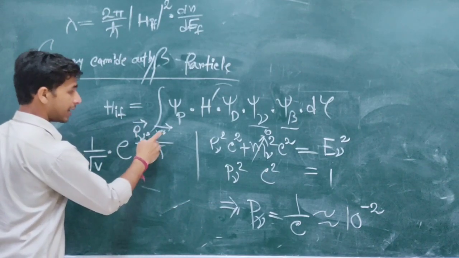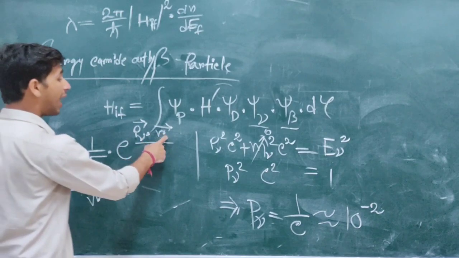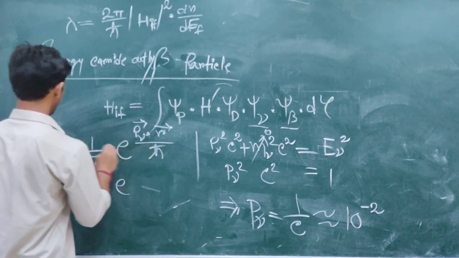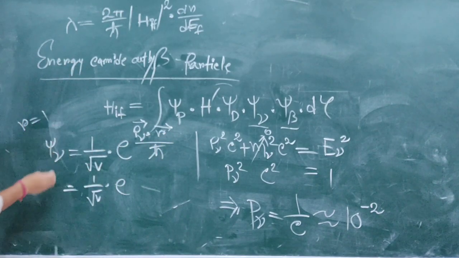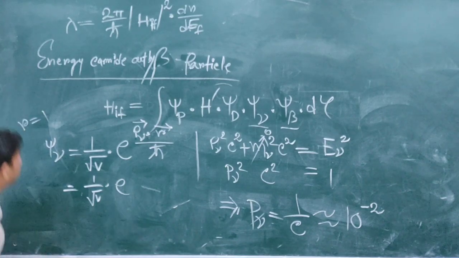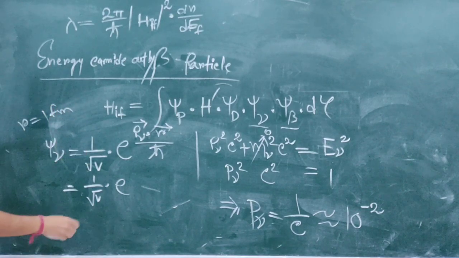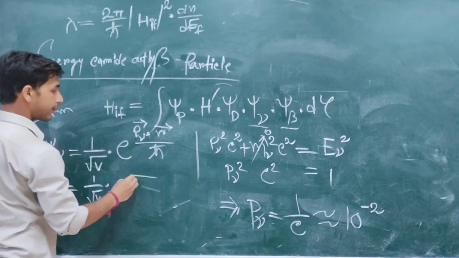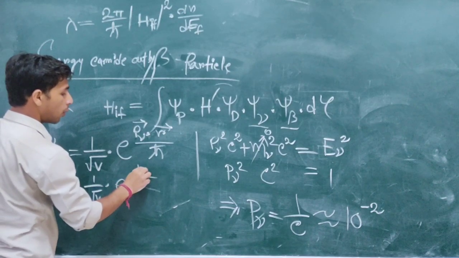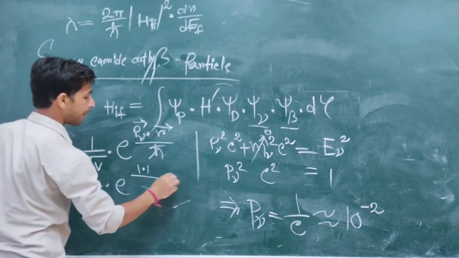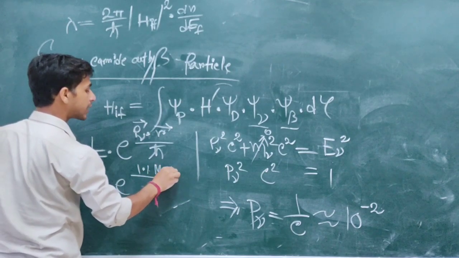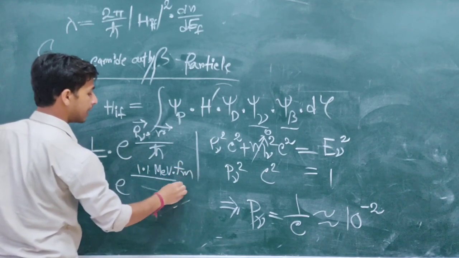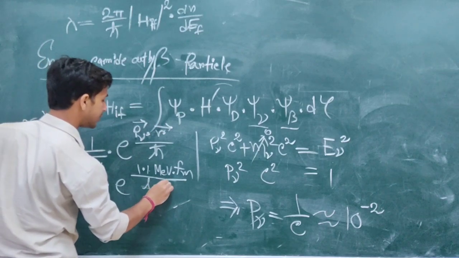And if you take the value of R equal to 1, so we are assuming R equals 1 Fermi. In that case, this will be equal to 1 times 1 mega electron volt Fermi divided by hc.